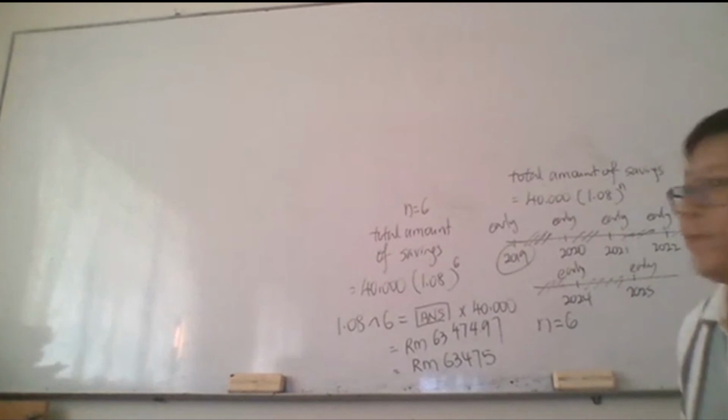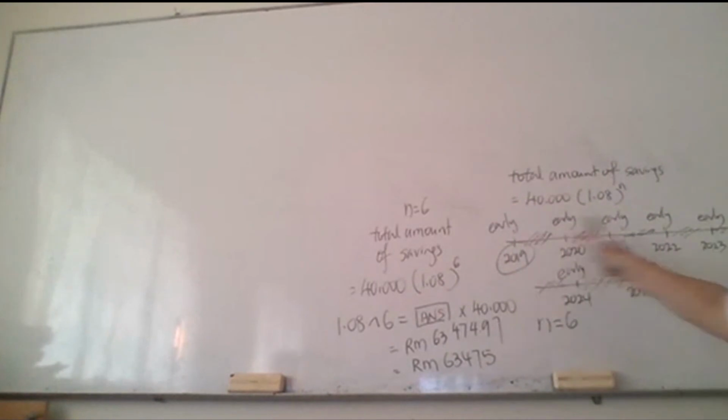In the exam, we are quite afraid of this number of years. It's better for you to list down to see how many years there are. So 1, 2, 3, 4, 5, 6 altogether. So Mr. Steiner saved for 6 years.